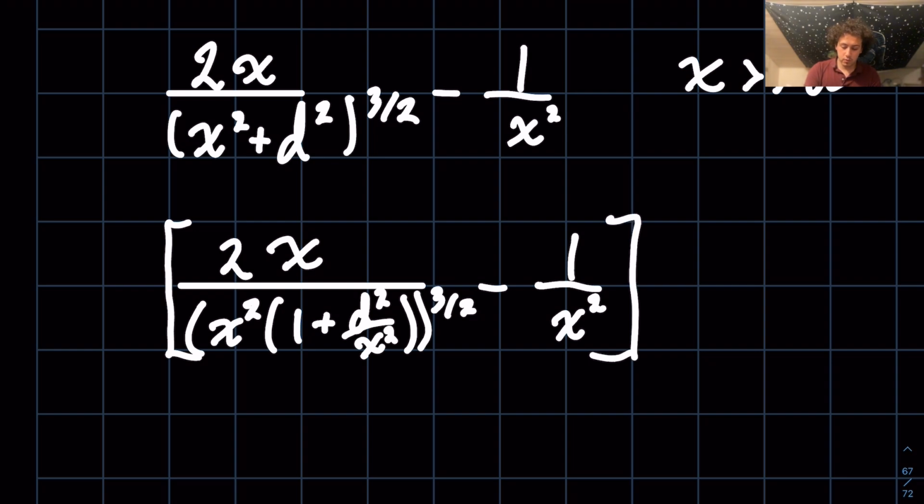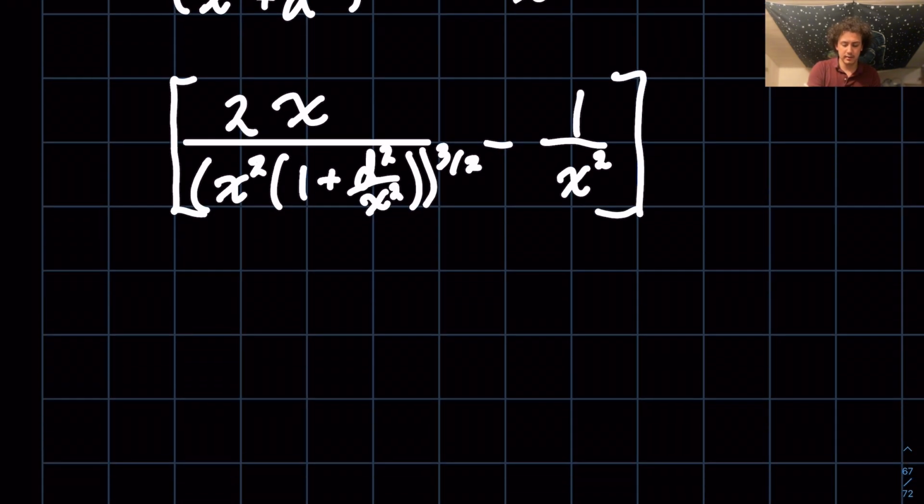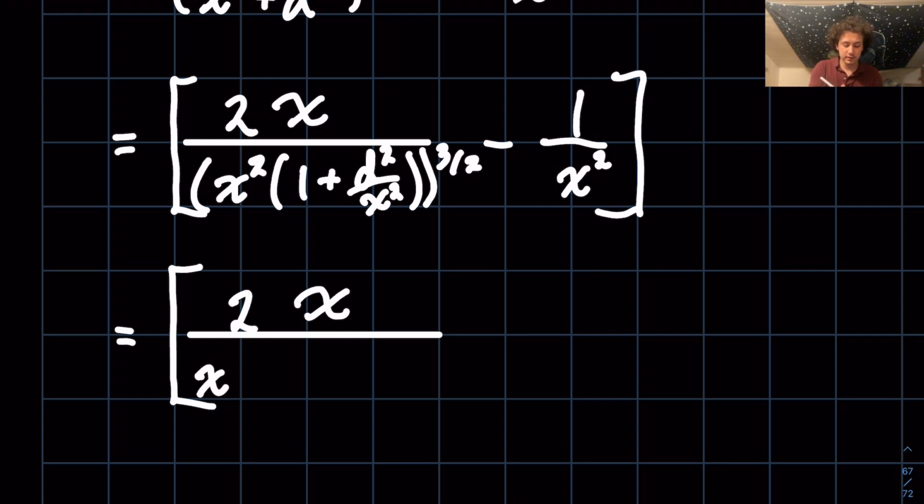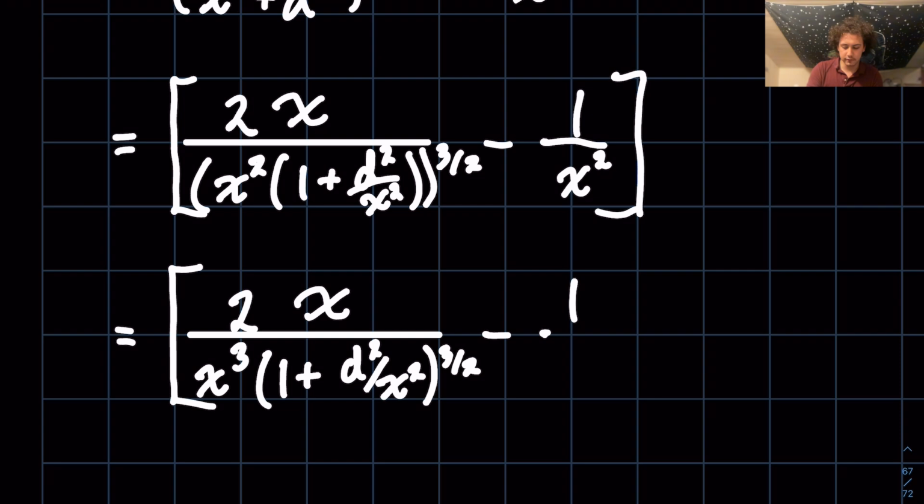And then once we've distributed this 3 halves onto this x squared, we'll see something that looks very nice happen. We get 2x in the numerator again, and this is x. Now 2 times 3 halves is 3, so x cubed times 1 plus d squared over x squared, to the 3 halves as well, and we have this minus 1 over x squared.